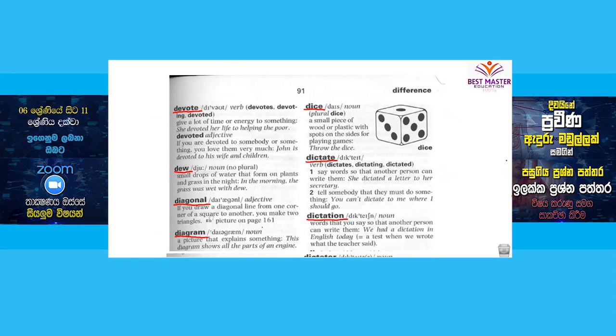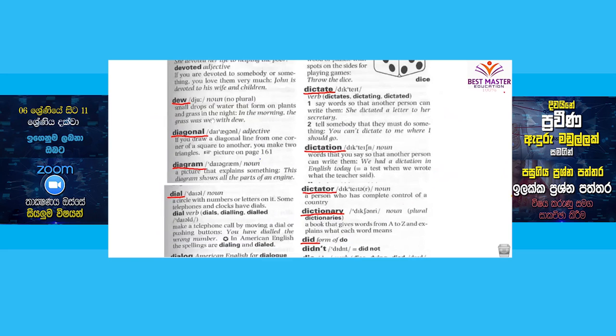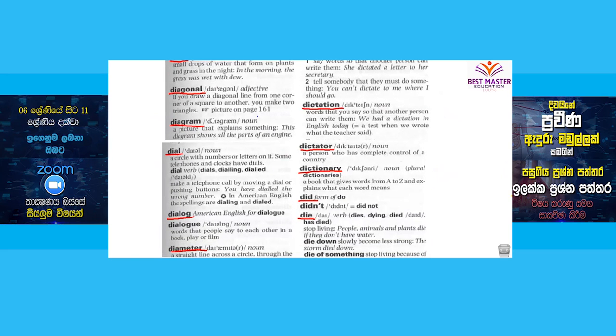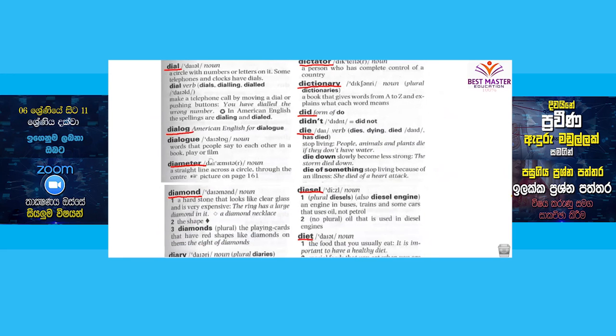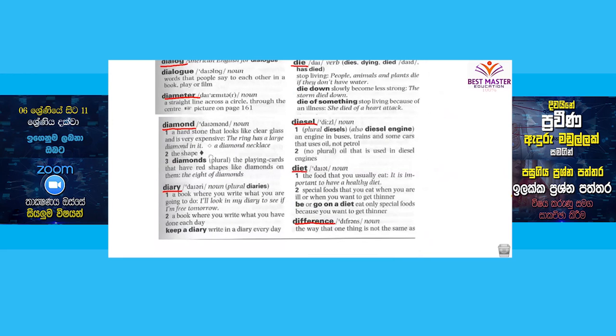D-I-A. After that, D-I-A-L, D-I-A-M, and D-I-A-R. All the letters are in alphabetical order.